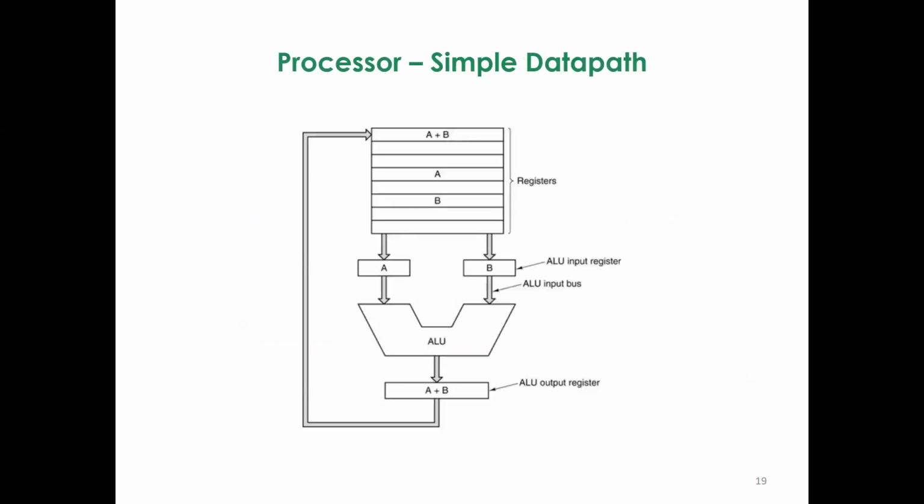So another summary: CPU registers for fast storage. That's where we pull things from. Firstly, we pull things from storage, which is much slower. We pull them into memory, which is a bit faster than storage.